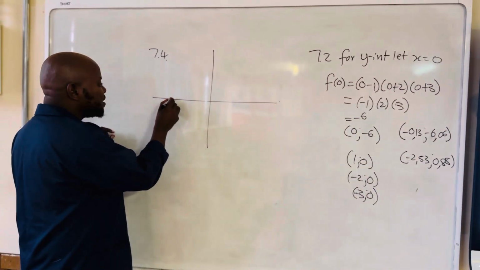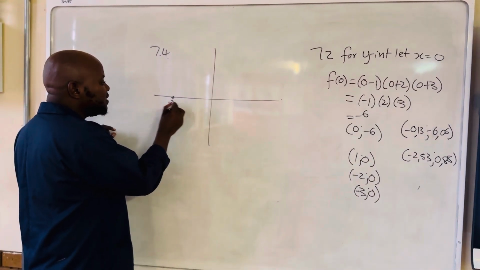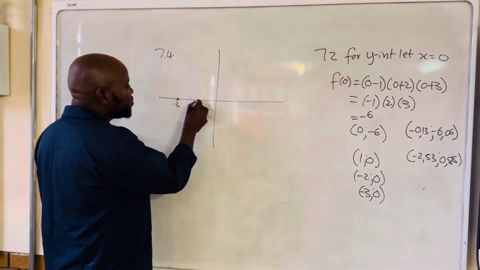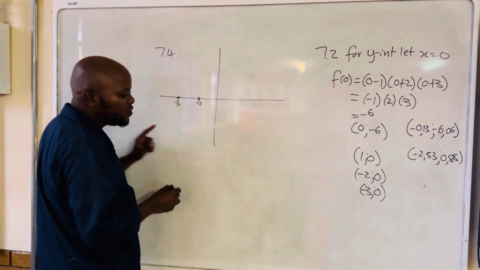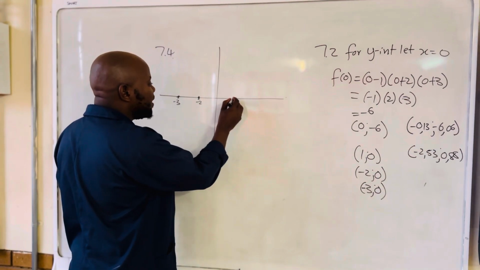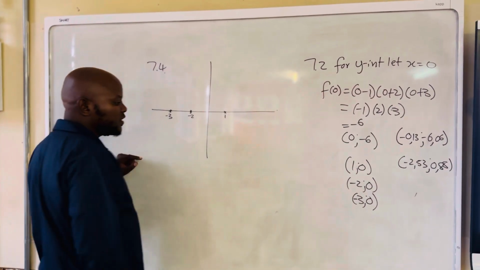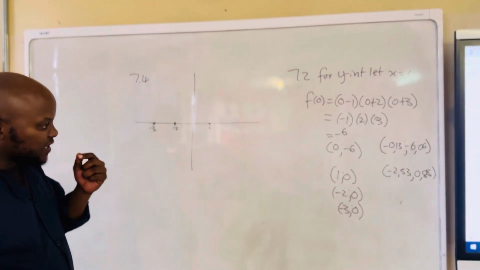So we'll start with negative 3 and negative 2, then we have our 1. So we're checking our turning points. The first turning point is what now?